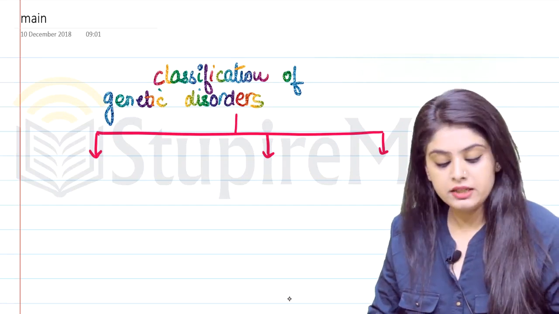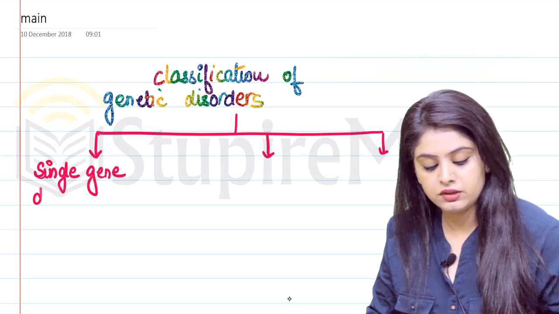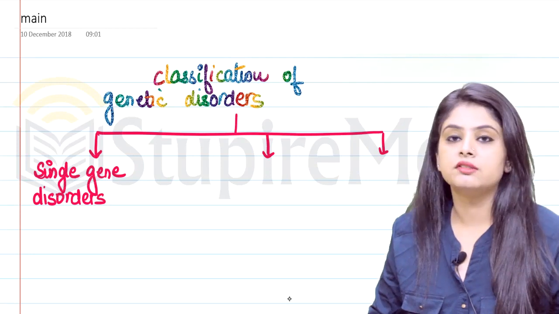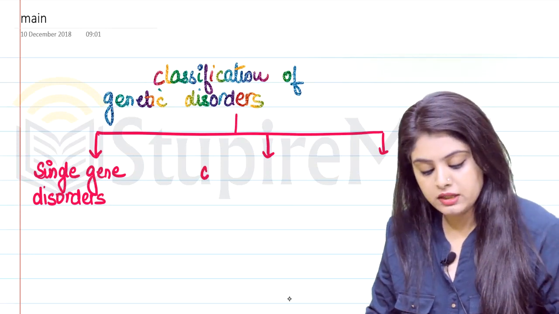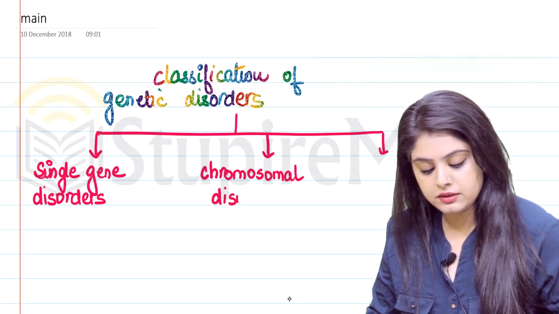The first one is referred to as the single gene disorders. The second one is known as the very famous, that is chromosomal disorders.